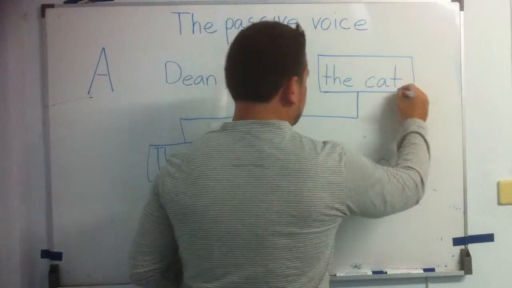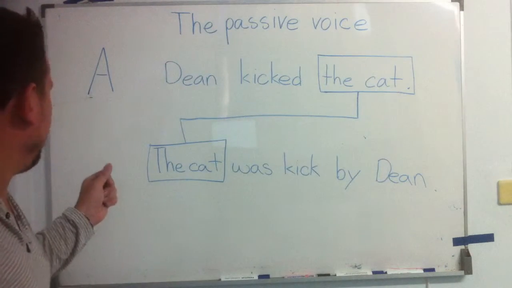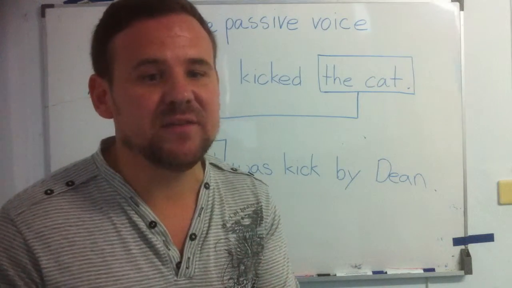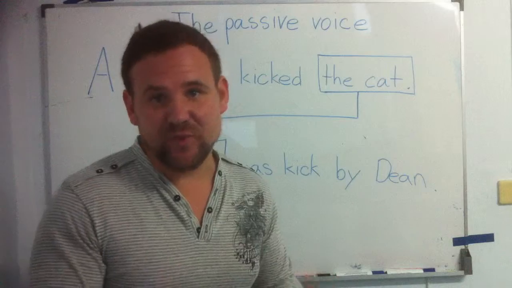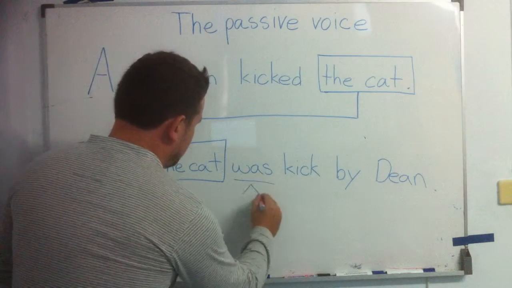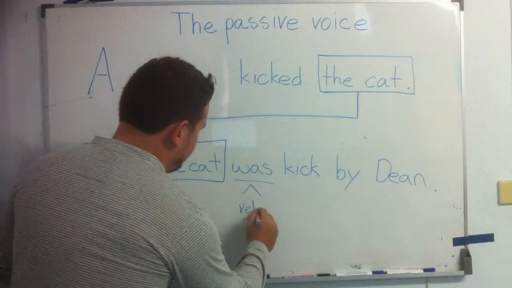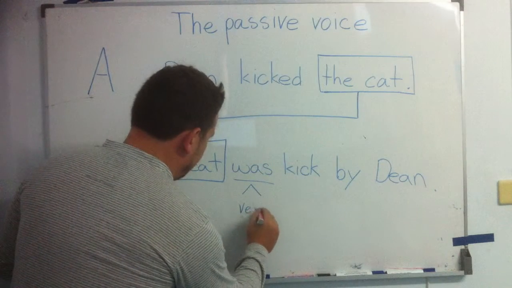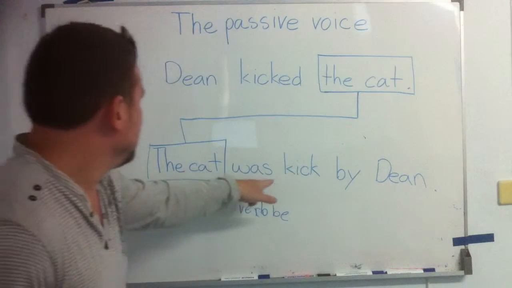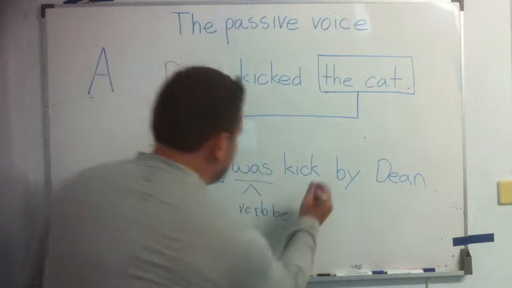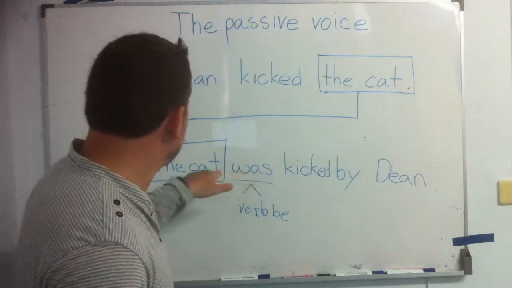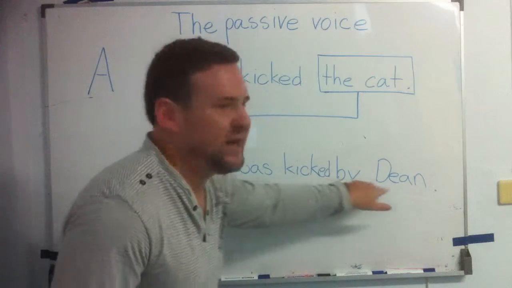So now we have the cat. Remember again that I said in the passive we always form the passive with the verb be. So here we have our verb be, was. So the cat was kicked, ed, bad teacher. The cat was kicked by Dean.